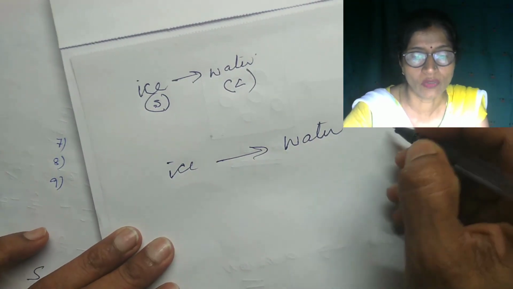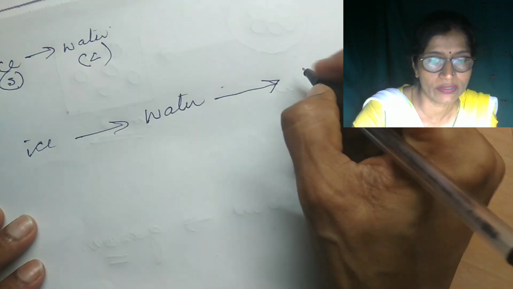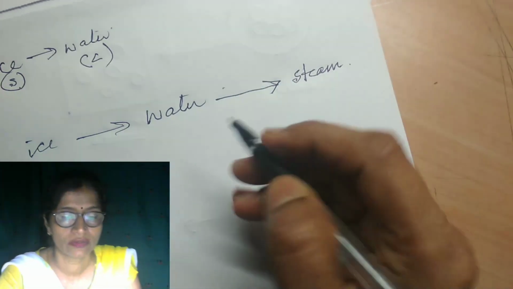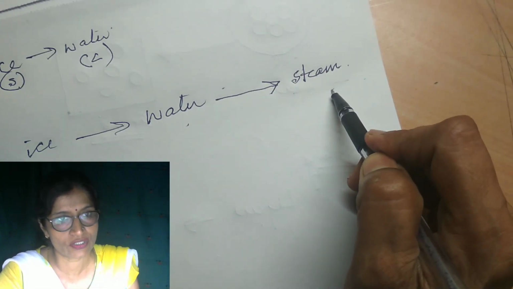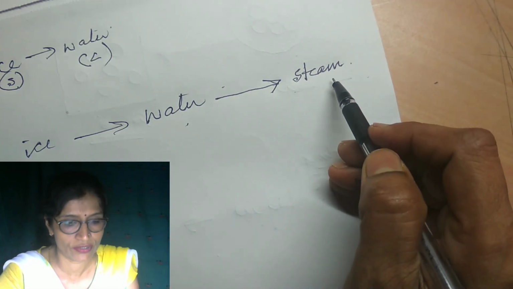And then water, when it is heated, is converted into steam, or we call it water vapor. Steam is the gaseous state of water. So liquid changes into the gaseous state, and we call it boiling or vaporization.